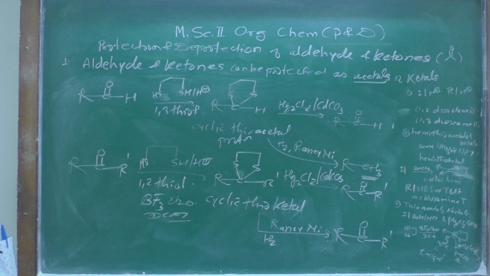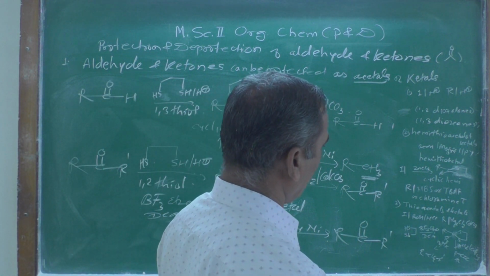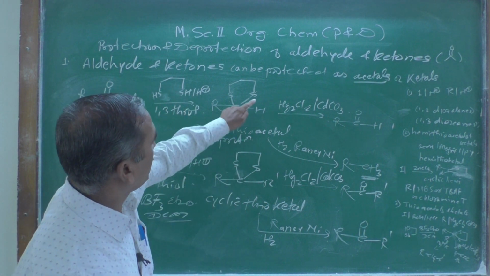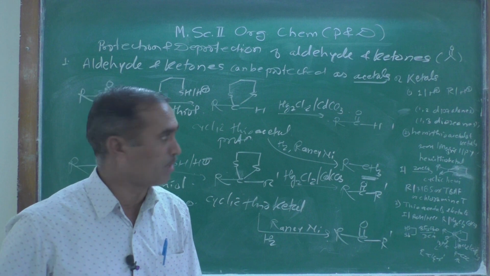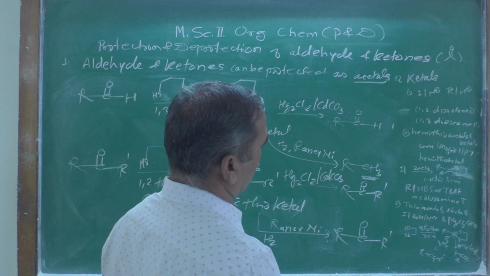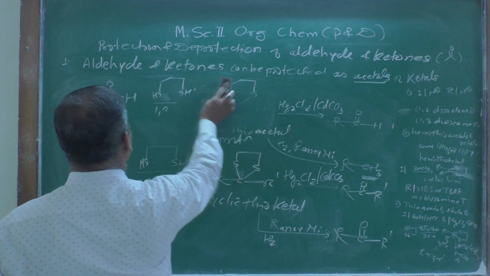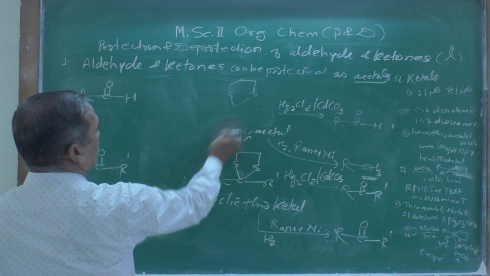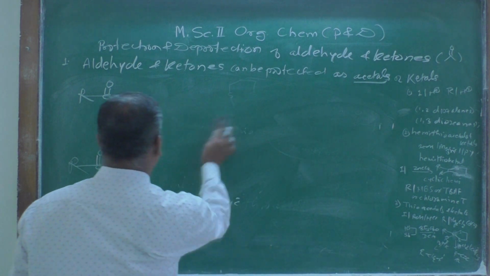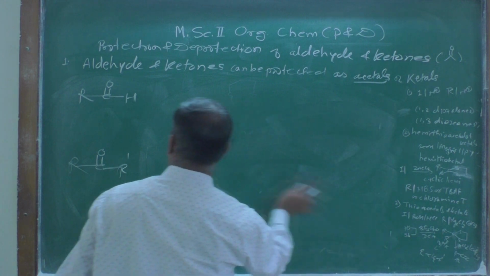I think these are some of the reagents which can give protection and the deprotection. Another one, hemithioacetal, can be possible in presence of this. As we know that these are the starting materials, aldehyde and the ketone.